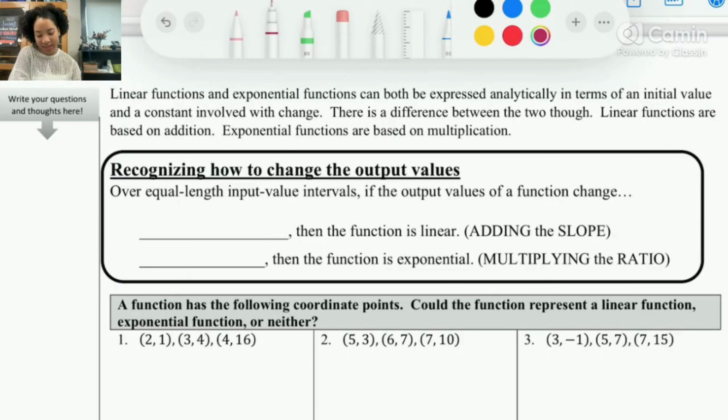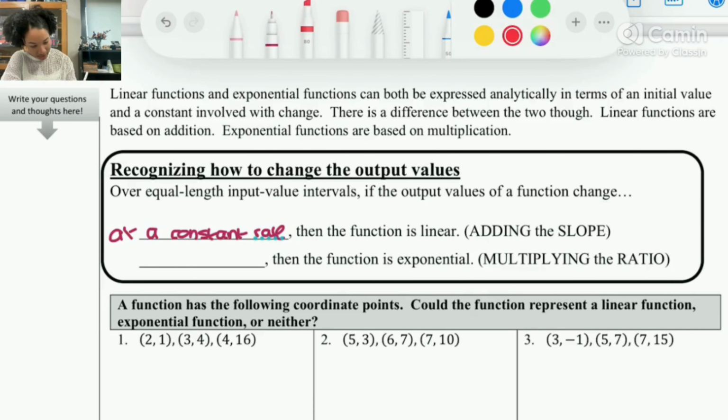So linear functions and exponential functions can both be expressed analytically in terms of an initial value and a constant involved with change. There is a difference between the two, though. Linear functions are based on addition and exponential functions are based on multiplication. So, over equal input intervals, if the output values of a function change at a constant rate, then the function is linear, so that's mainly focused on adding.